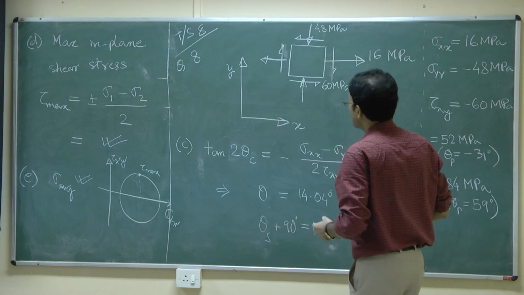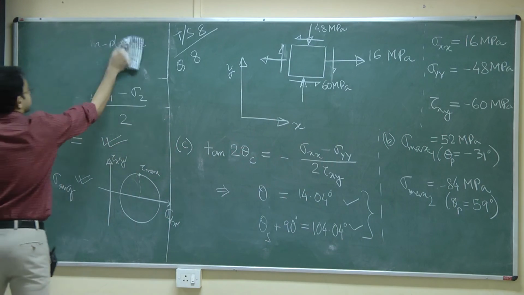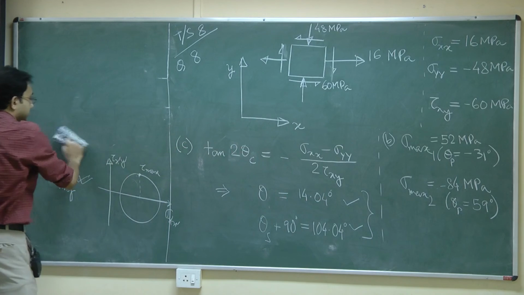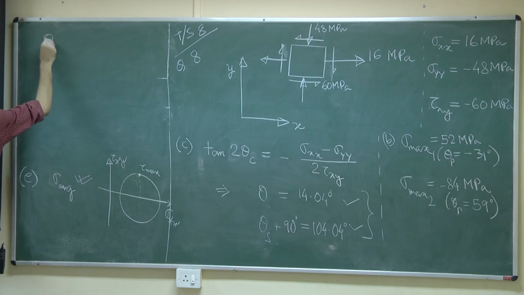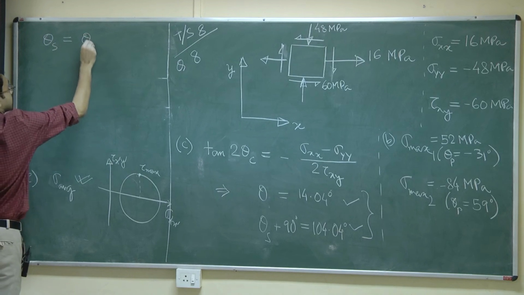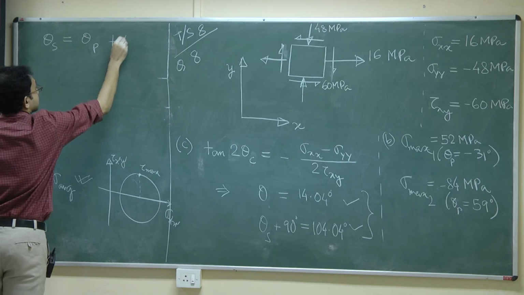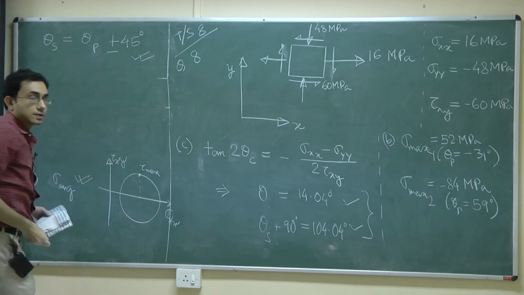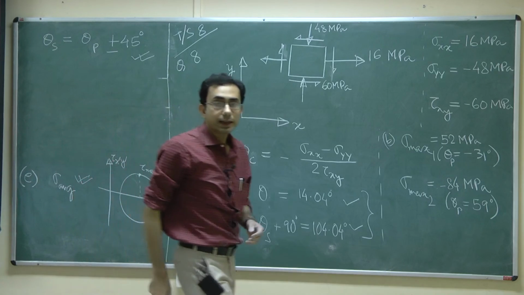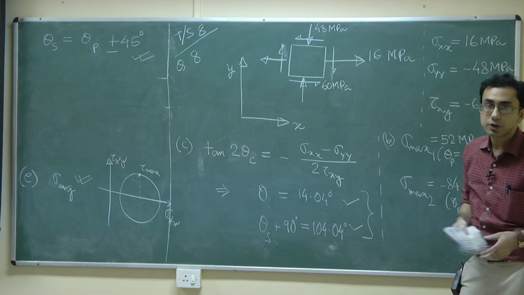This is correct. Courtesy the fact that we have two possibilities of theta s, we have two possibilities of theta p.